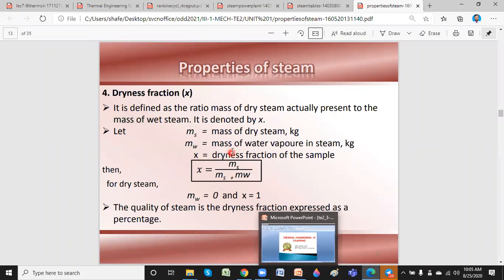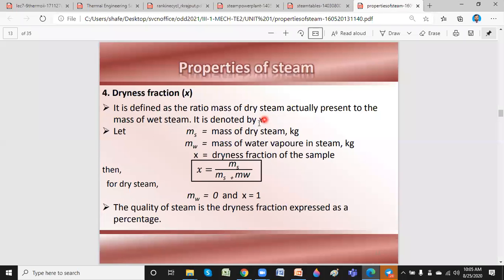Now this is what I am pointing out. X is the ratio of the mass of dry steam actually present to the mass of wet steam. That is, in a portion of the steam, how much is dry steam and how much is water particles. That will be denoted by X. Most of the time that will be given in the problem itself, as a percentage. If a percentage is given, then obviously that steam is wet steam.